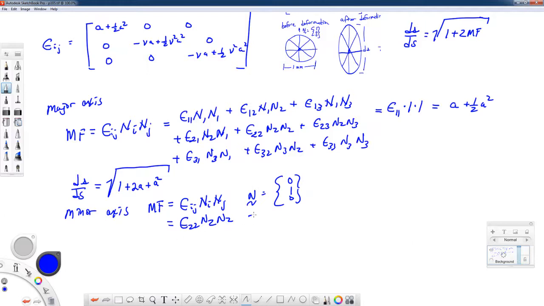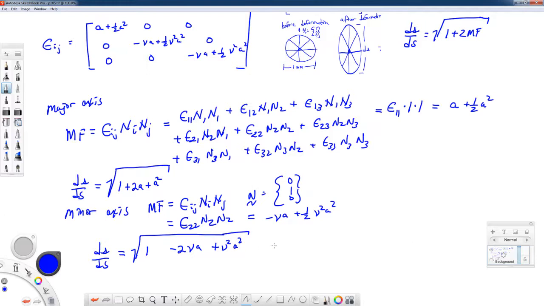So the magnification factor is going to be equal to minus nu a plus 1/2 nu squared a squared, giving a magnification ratio for the minor axis equal to the square root of 1 minus 2 nu a plus nu squared a squared.